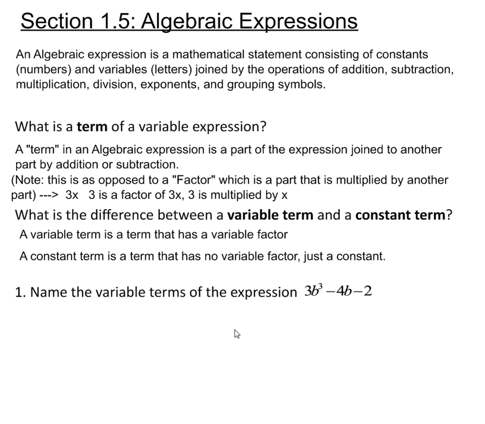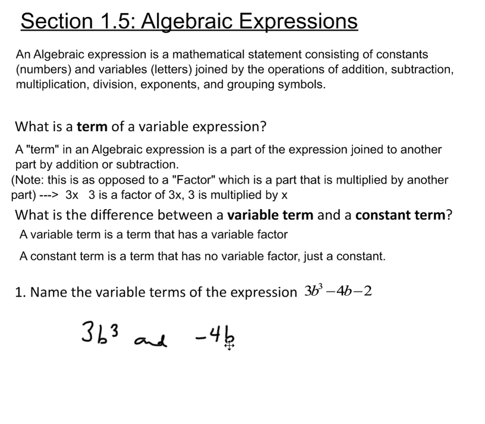So for example, if we wanted to name the variable terms of the expression 3b cubed minus 4b minus 2, there are two variable terms right here. The variable terms are 3b cubed and minus 4b. Notice, by the way, that I'm carrying the sign with the term.